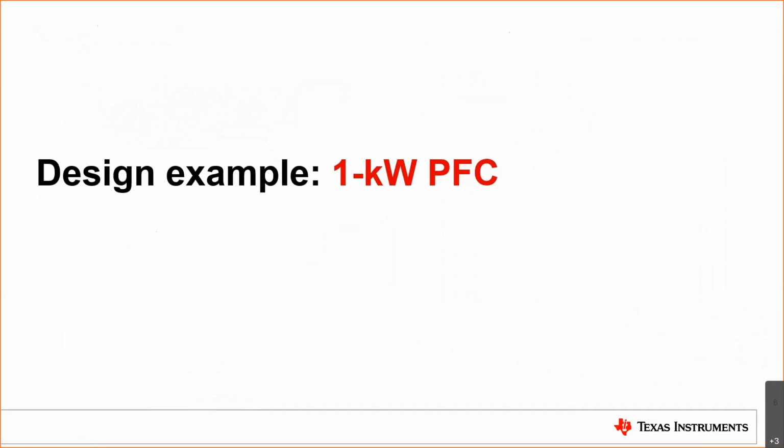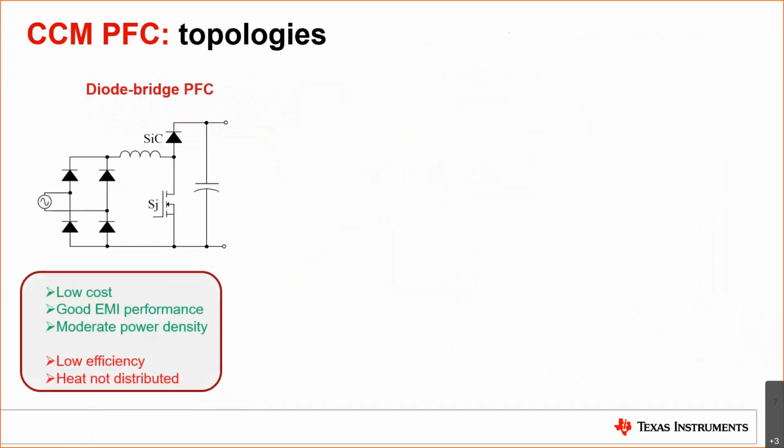Now let's have a look at some PFC topologies. If you look at a 1 kilowatt PFC, you will certainly see normal diode bridge PFC very often. It is based on a full bridge rectification in the beginning and then a boost stage. The advantage of this topology is certainly that it's a lower cost.